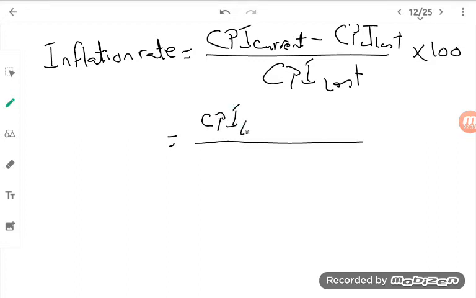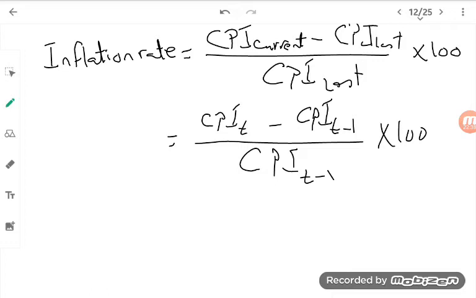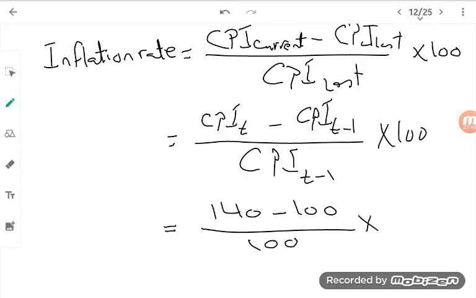CPI at time t minus CPI at time t minus 1 divided by CPI at time t minus 1 multiplied by 100. So in our example, it's gonna be 140 minus 100 divided by 100 multiplied by 100. So it's 40%. This means that inflation rate in 2011 is 40%, which means it's much higher than 2010 by 40%.